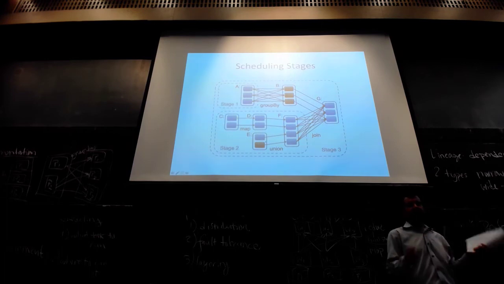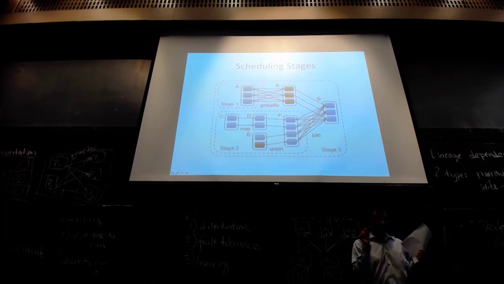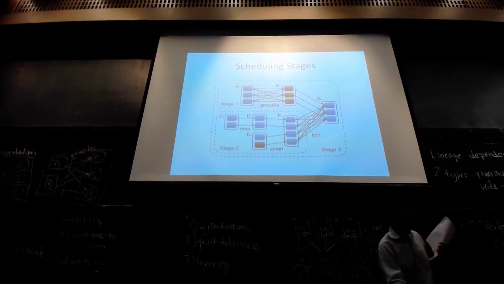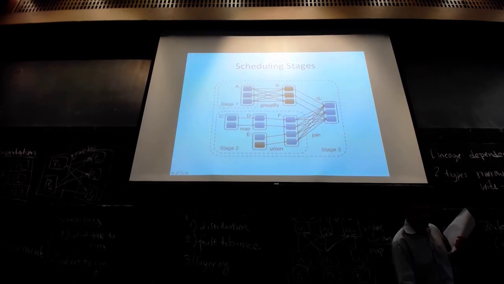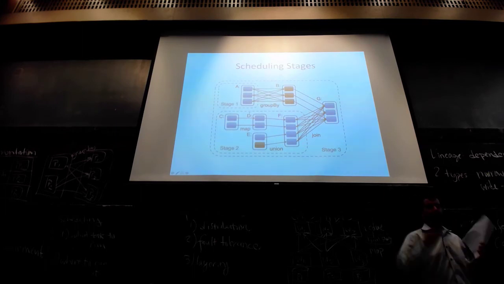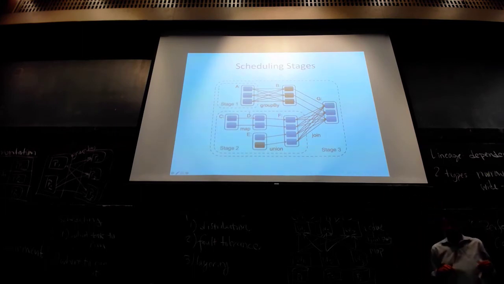Presumably this data set C is on some physical node. Each worker will read that in, reprocess it, produce this partition of D, and run that to produce this partition of F. So to compute this partition of F, we can just run that through on one node in a pipeline fashion.